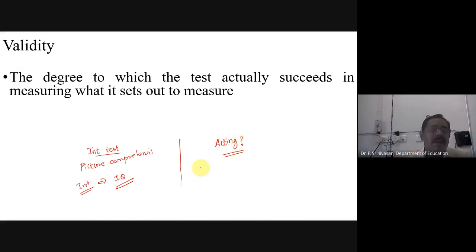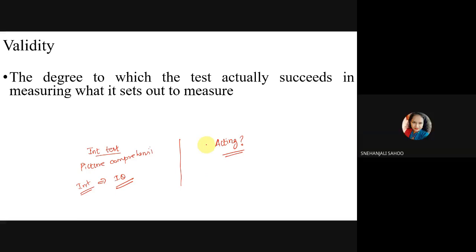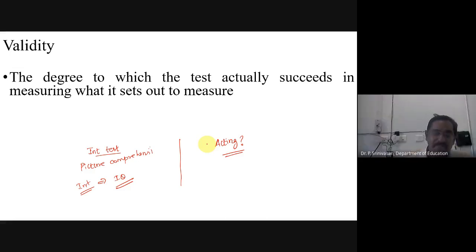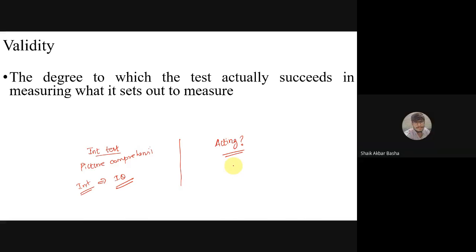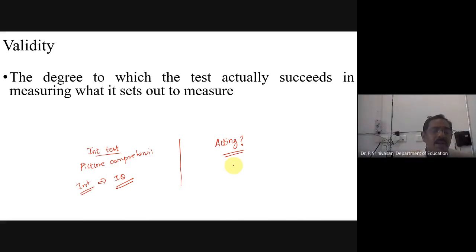Okay, can we use the test to select for acting in pictures? Can we use Bottia's battery of intelligence for acting? Yes, answer please. No, sir. Varshini, can we use? No, sir. Okay, we cannot use. Why can we not use it? Basha, why can we not use Bottia's battery of intelligence?